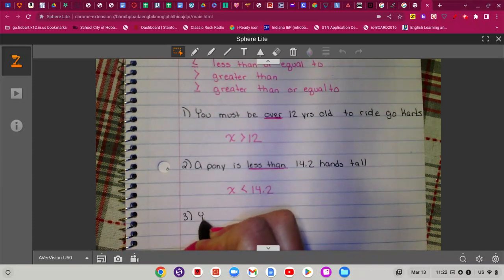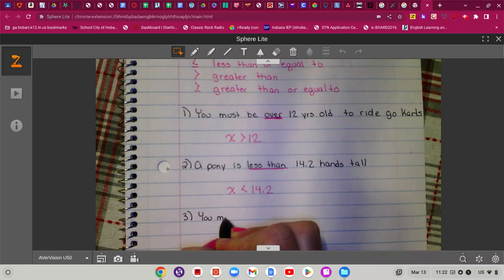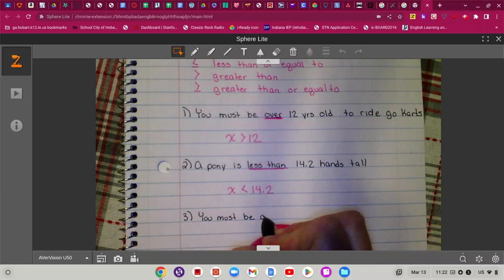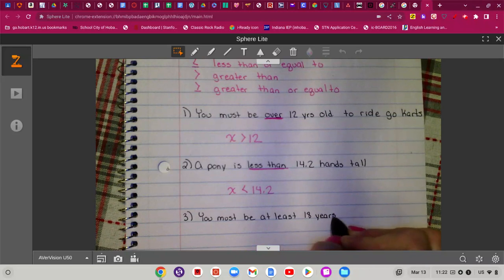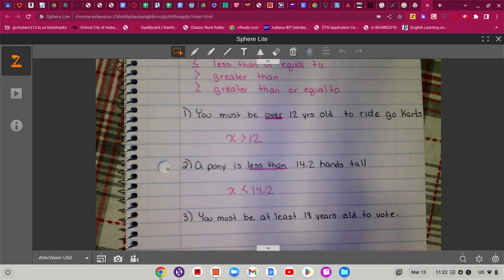You must be at least 18 years old to vote. Okay, so your keyword would be at least.